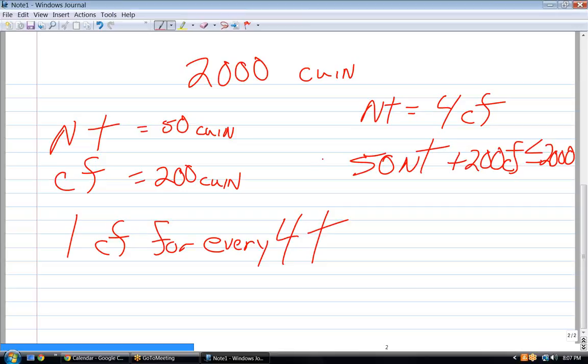That's one of our constraints. Yeah, I got that far. And NT has to equal 4CF. That's another. And our objective function: what's the question? He wants to maximize what? He wants to maximize the number of each type of fish.